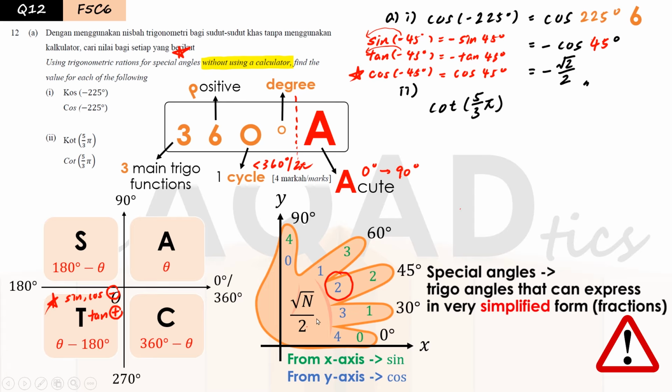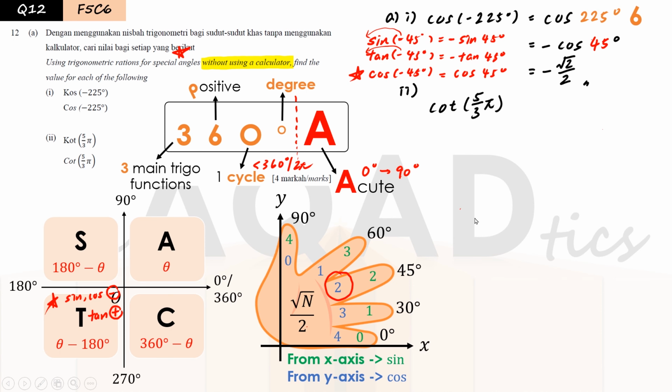For the other angles, it cannot be expressed in this way, for example sine 75 degrees or sine 85 degrees. They cannot be expressed in the fraction format. So these are called special angles because they can be expressed in a very simplified way, which is in fractions.